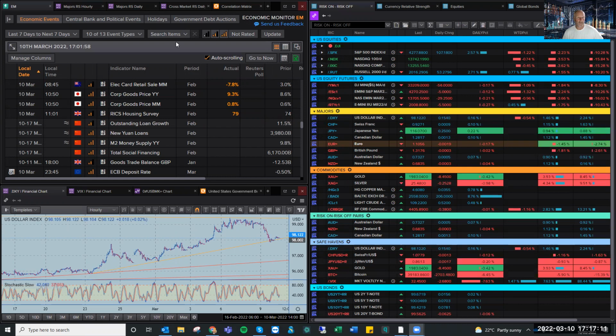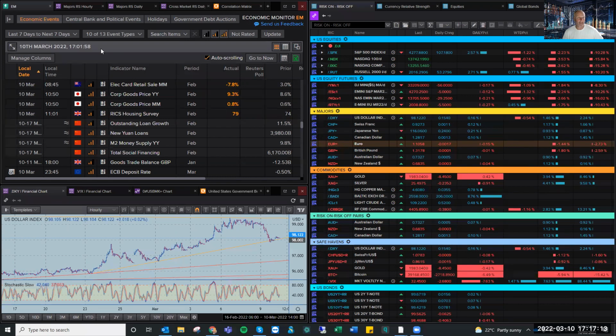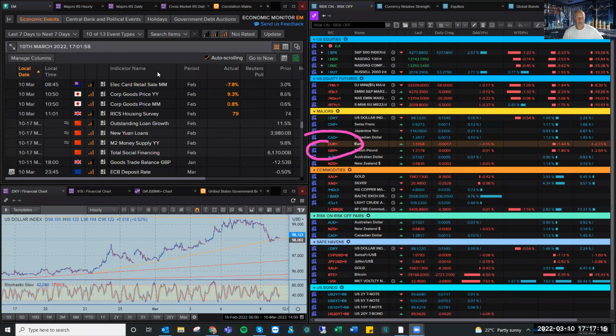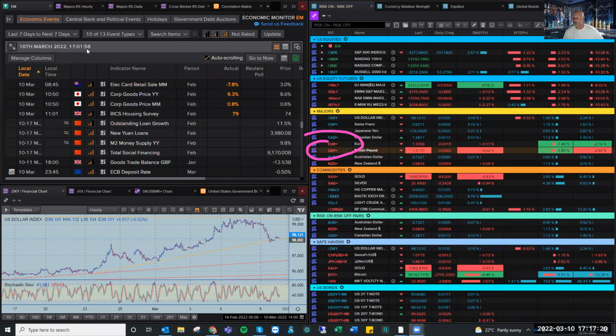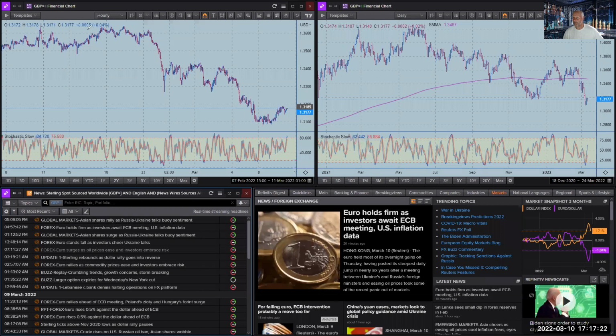All I need to do is come down and click on sterling. If I come back over to my right-hand side, I'll have an hourly chart, I'll have the daily chart, and the news will change to just sterling information as well. So this makes it easier just to change.